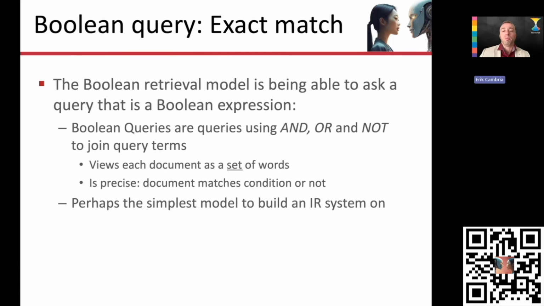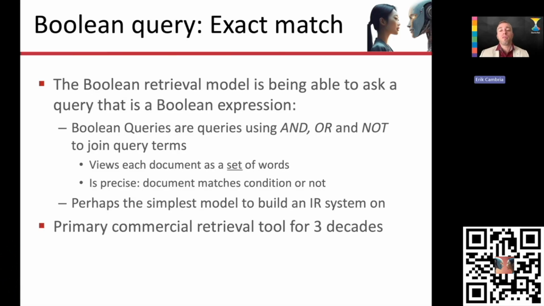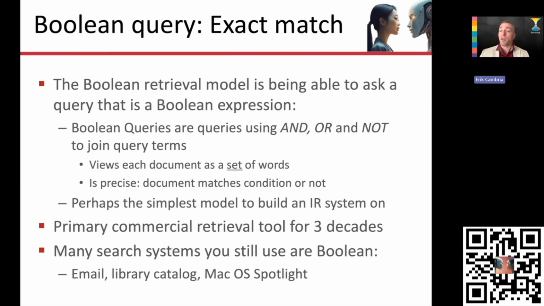What's the problem of Boolean query is that it's only good to find an exact match. So if you're doing a search query on the web, it's pretty useless, right? We'll talk about this later in lecture 2. But if you're looking for something in your computer or in your email, so you're looking for an email or a document that you remember it exists, then this is still very good.